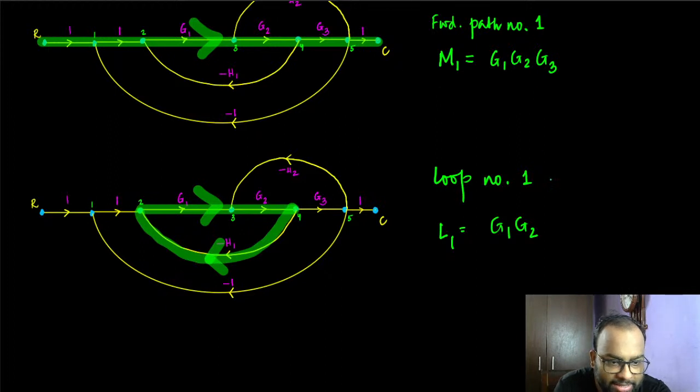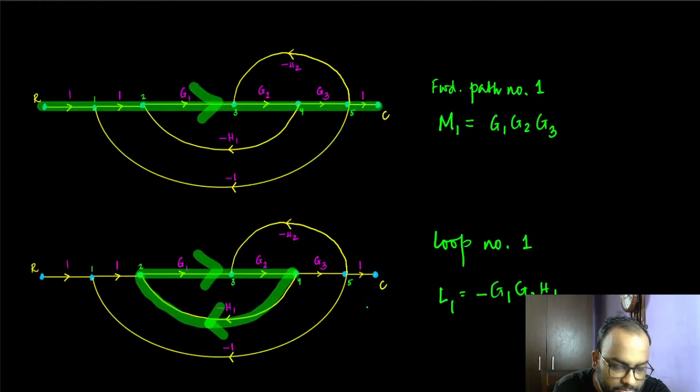So the gain is G1, G2 times minus H1, and that's why in total I have a minus sign here. Similarly, this is the forward path gain, so M1 is the forward path gain.